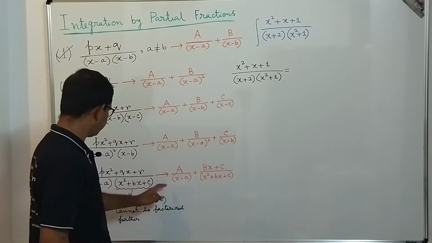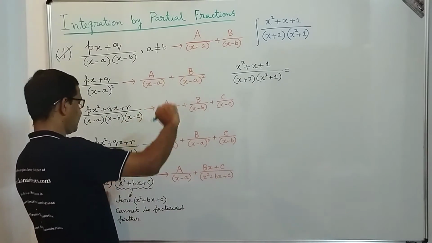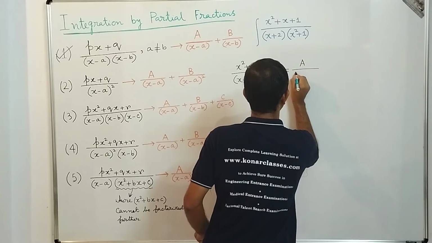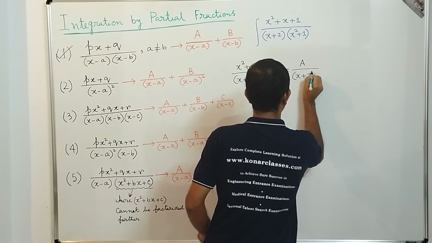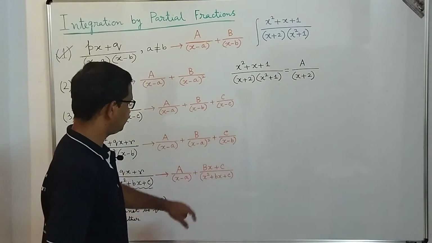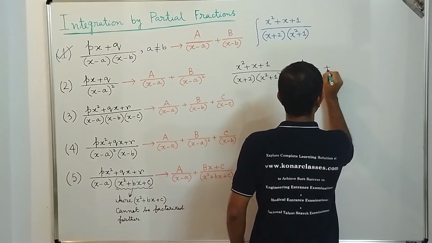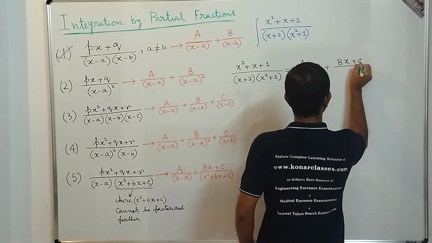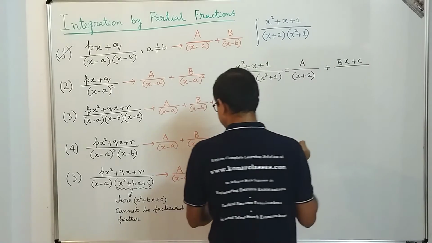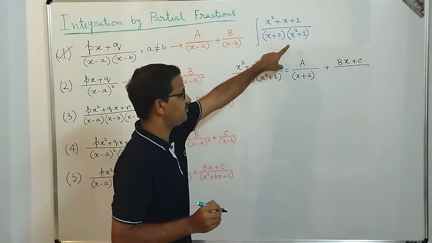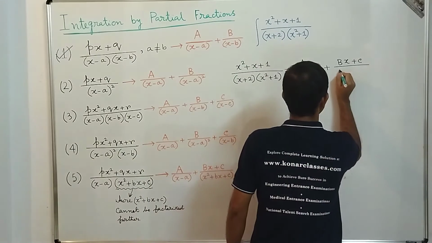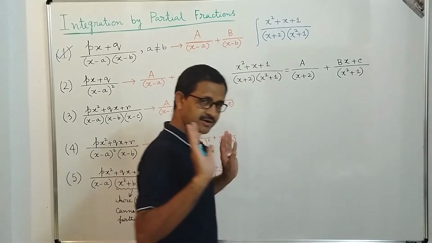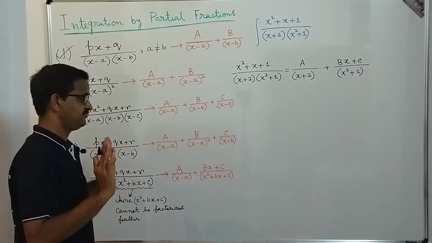It is A by x minus a, but in our case it is x plus 2, so you should write capital A divided by x plus 2, plus bx plus c divided by x square plus bx plus c, which is equivalent to x square plus 1. So you should write here x square plus 1. Clearly understood?